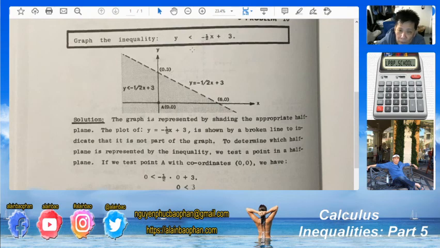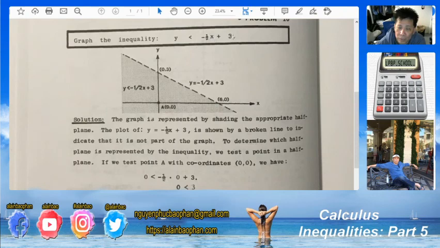And now, what about the other side? For the other side, we can pick a point like x equals 7, y equals 0, and you put it in here. x equals 7 times 1/2, it's minus 7/2, which is actually like minus 3.5.